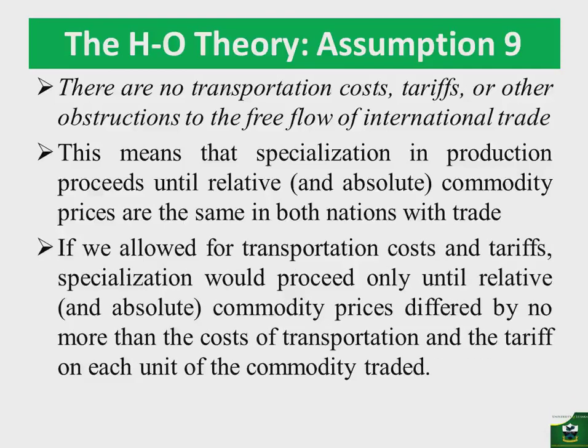If we allowed for transportation costs and tariffs, specialization would proceed only until relative or absolute commodity prices differed by no more than the cost of transportation and the tariffs on each unit of the commodity traded. But because we are assuming that there are no transportation costs, specialization in production proceeds until the commodity prices are equal and not necessarily related to the cost of production or transportation.